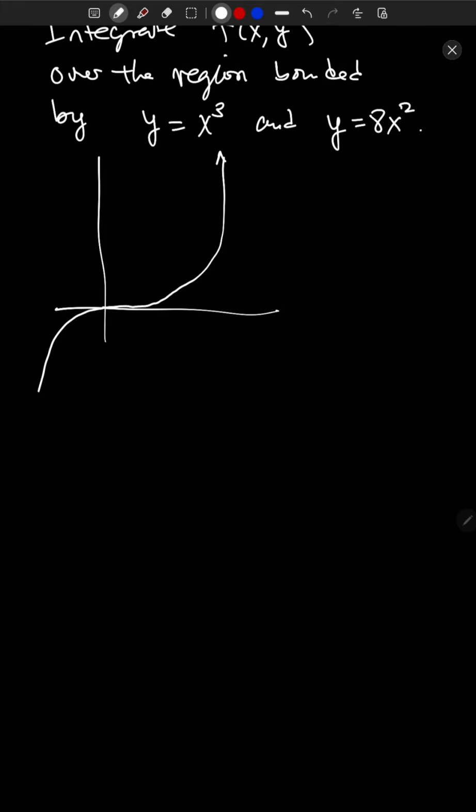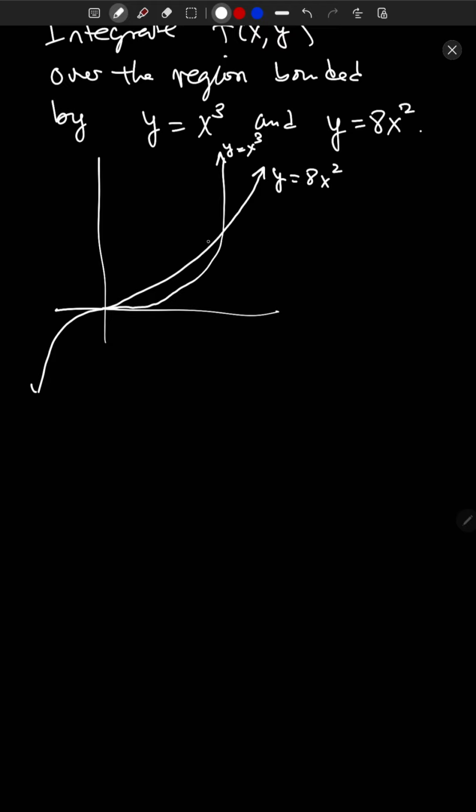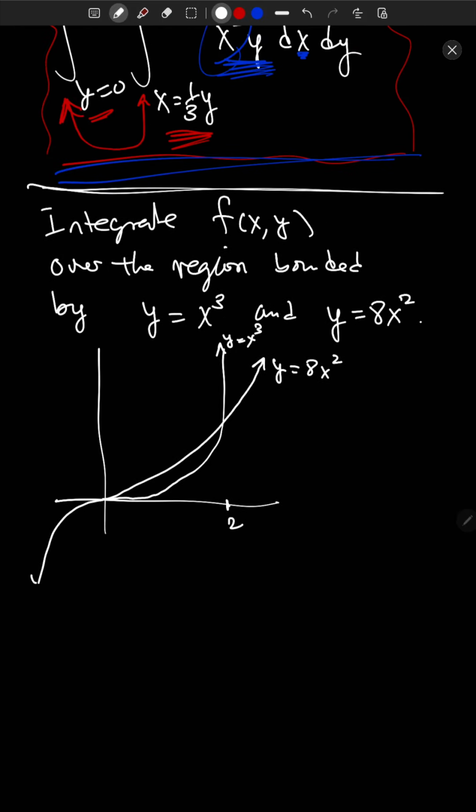I should label this y equals x cubed, and y equals 8x squared is going to look something like that. x cubed lives under y equals 8x squared from 0 to, this would be 2 here. Why is it 2? When you plug in 2, you get y equals 2 cubed, which is 8. And actually, sorry about this, I want this to be 2x squared.